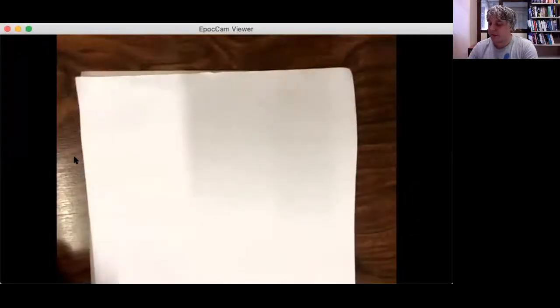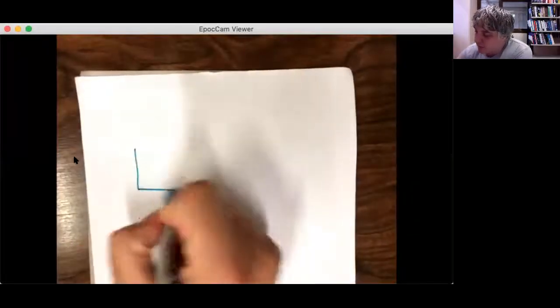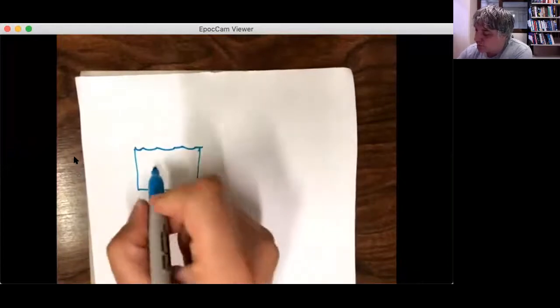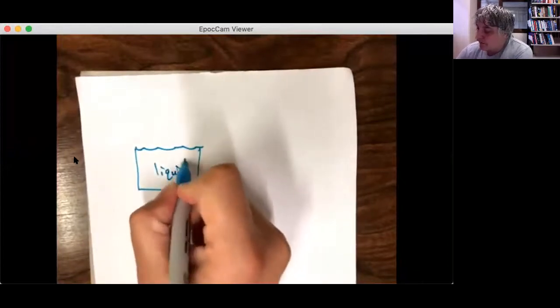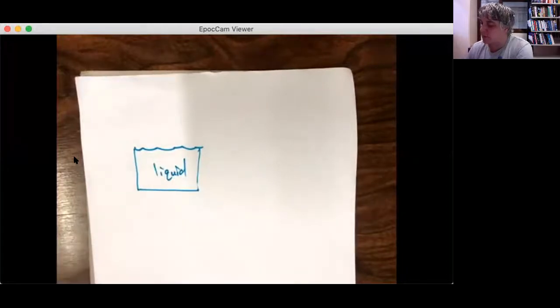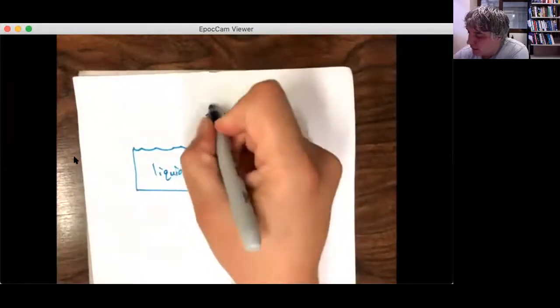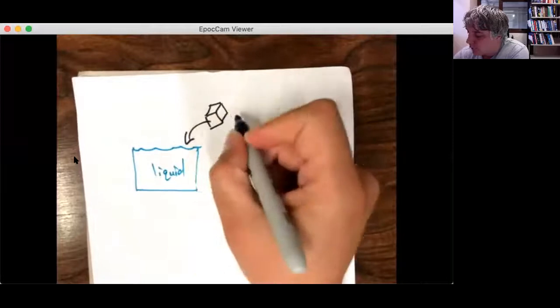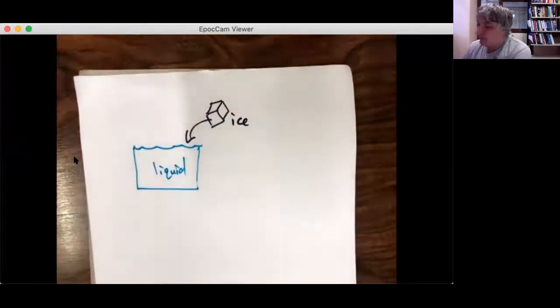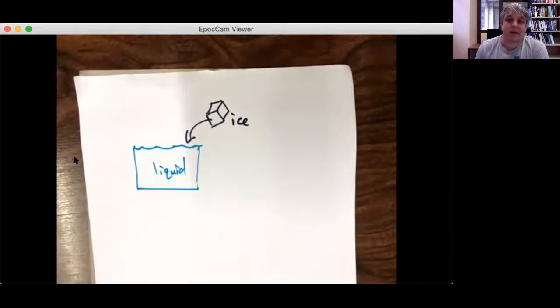So for this first problem, where we've got liquid water and we're adding some ice to it, here's our liquid water, and we're adding some ice. We're going to add our ice cubes into the liquid water. What that means is that we know, without even doing any calculations, that the ice must be colder than the liquid water.